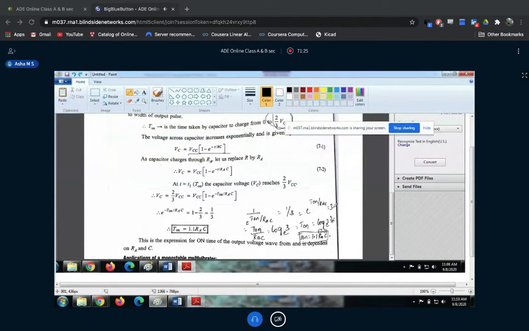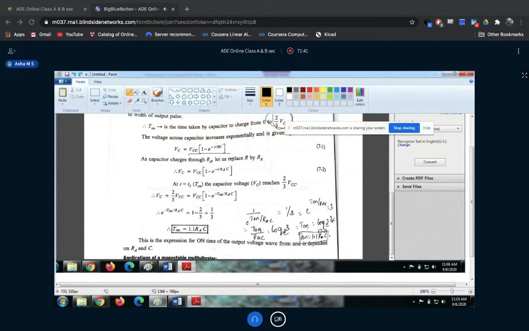So you can see here, e to the power of x is equal to 3. You know very well how to simplify this. So Ton divided by RA C is equal to log 3 base e, correct?